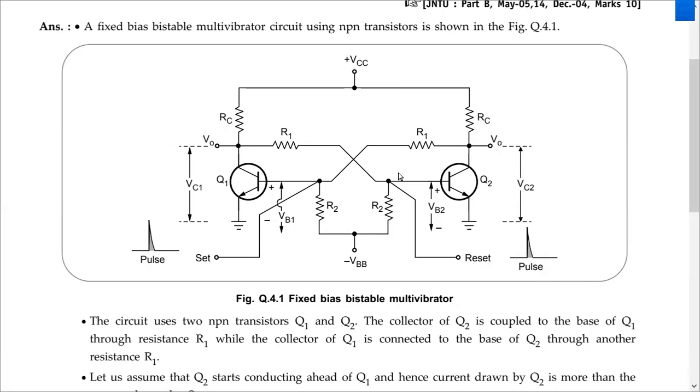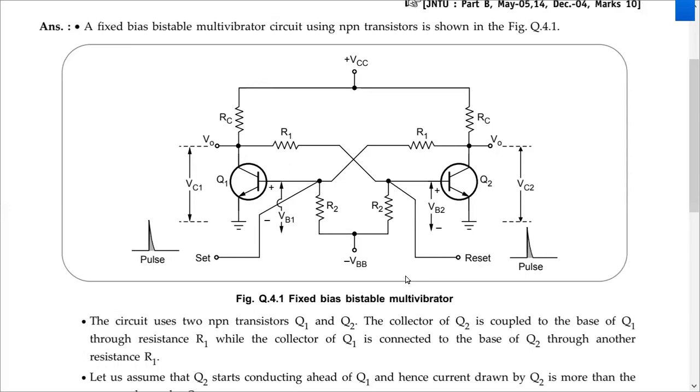Depending upon the functionality, either a positive voltage appears here or a negative voltage appears here, and that can change the state of the transistor. So plus VCC we actually use to push the transistor towards the on direction, and minus VBB to push the transistor towards the off direction.